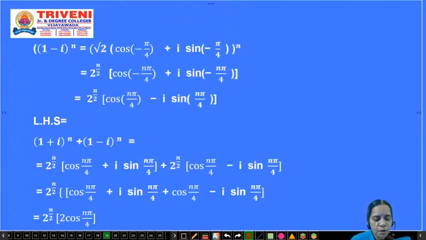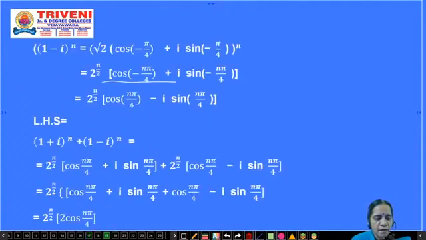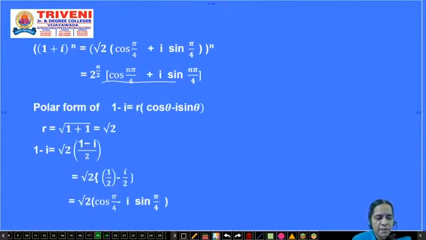In the problem, we have to find (1 + i) whole power n plus (1 - i) whole power n. What is the value of (1 + i) whole power n? It is 2 power n by 2 into (cos n pi by 4 + i sin n pi by 4).